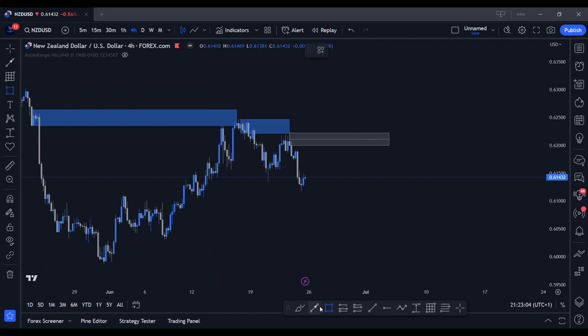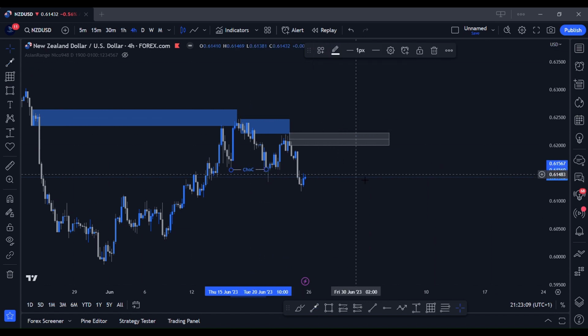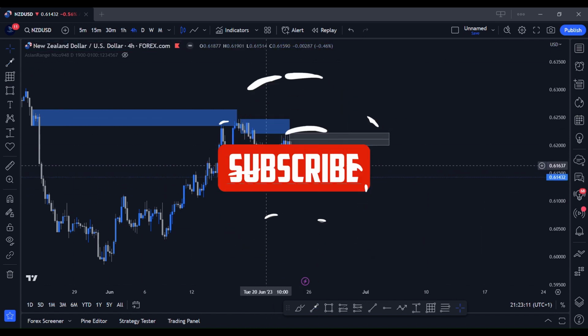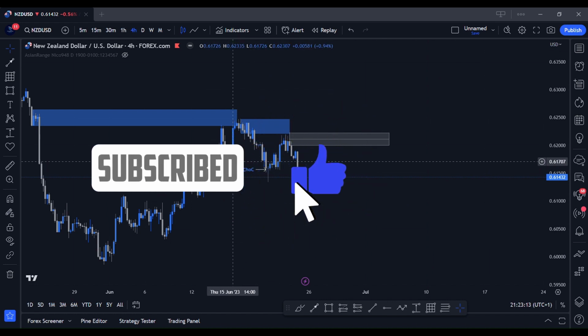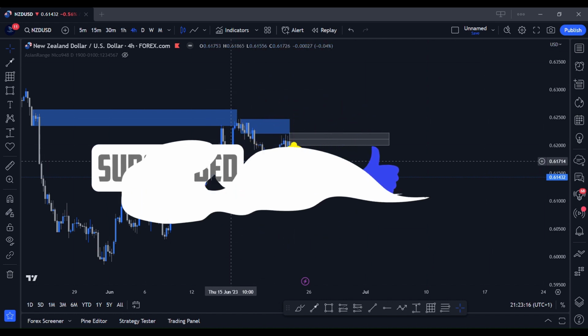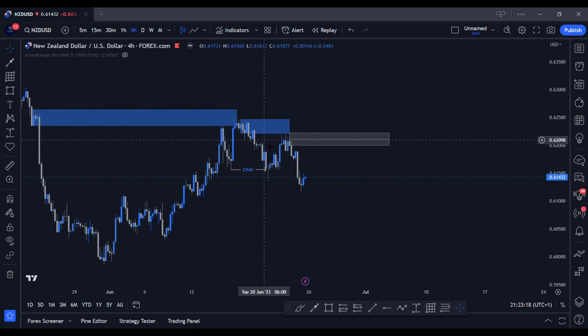Once this happened, this is what we call a change of character, because price pushed down and closed below this candle that caused a bullish run, leaving the liquidity here, which then caused price to push up to grab more liquidity, because we can see some imbalances here and some equal highs. Price pushed up, mitigated that last order block, and then pushed down again, clearing that liquidity again.